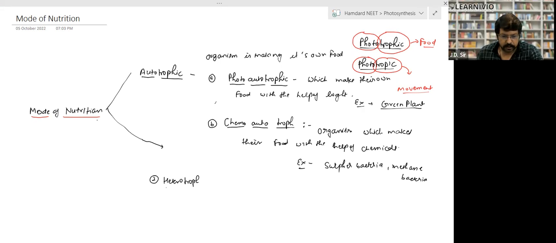Heterotroph, right? Or we can say heterotrophic mode of nutrition. Heterotrophs are those organisms which take nutrition directly or indirectly.